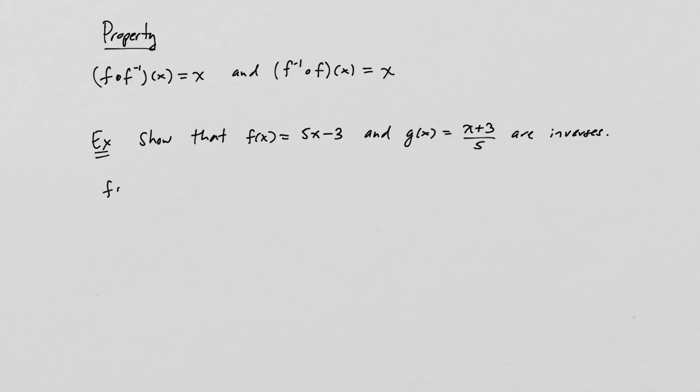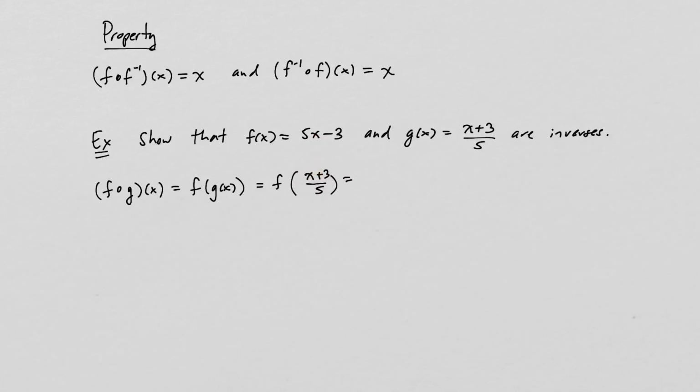So first, let's compute f of g of x, which means you're taking the function g of x and plugging it into the function f of x. And this would be f of g of x, where g of x is (x plus 3) divided by 5. And so we're going to take (x plus 3) divided by 5, and we're going to plug it into the function f.